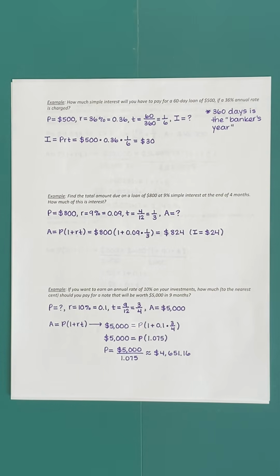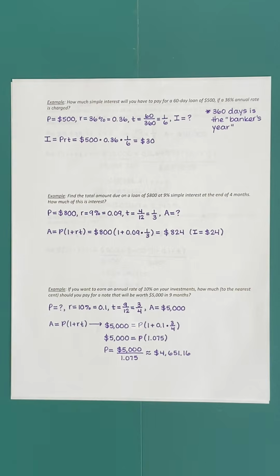Now here's a way to make sure that your answer makes sense. Principal should always be smaller than your account balance. The idea is that interest grows your account. Either it grows your investment or it means you have to pay back more in terms of a loan. So if you're given a value for A and you're solving for a value of P, the value you get for P should always be less than A. If it's not less than A, then that's a red flag that something went wrong.